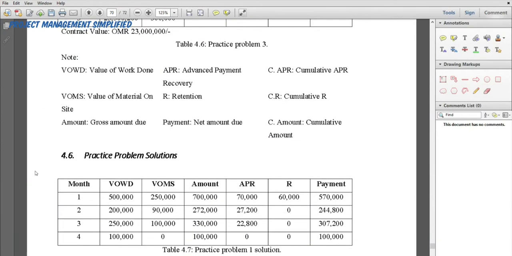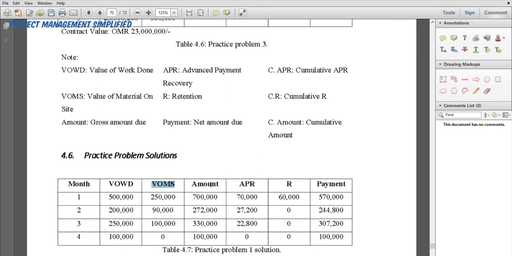Here we have put some notes. VOWD means value of work done. VOMS means value of material on site, and we said that 80% of this is to be paid, according to the Omani regulations.